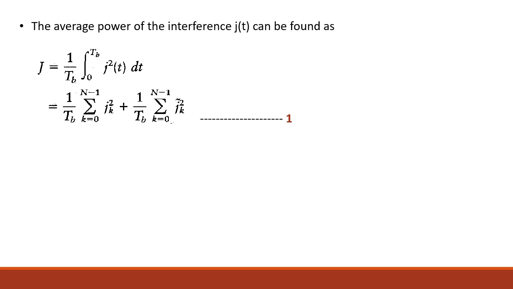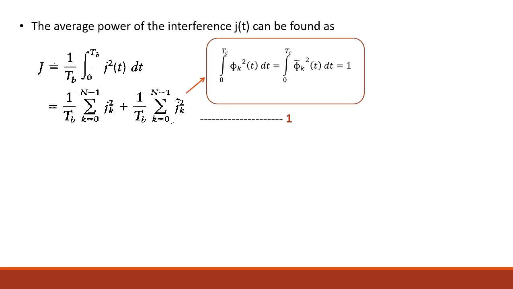Next we calculate the average power of the interference signal j of t. This average power is indicated as capital J, and it can be determined as capital J is equal to 1 by Tb integral 0 to Tb j square of t dt. Now the expression for j of t is substituted from the previous slide, and we get capital J equal to 1 by Tb summation k going from 0 to N minus 1 jk square plus 1 by Tb summation k going from 0 to N minus 1 jk tilde square.